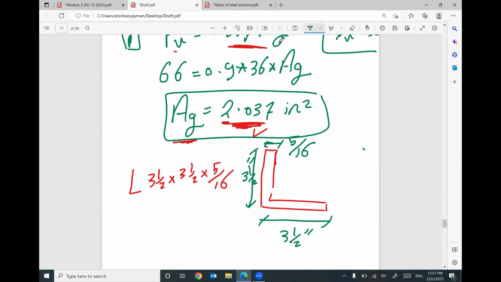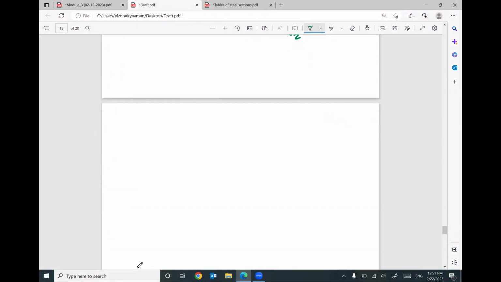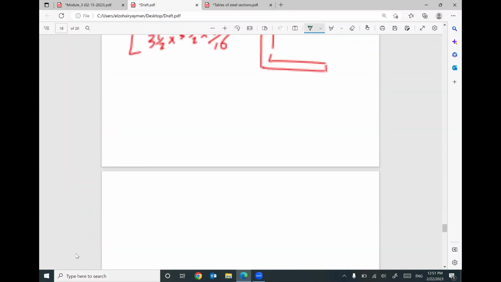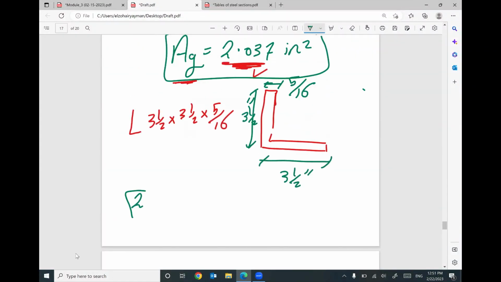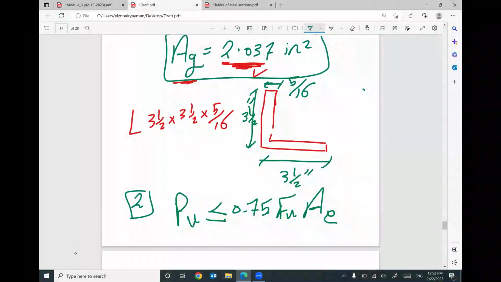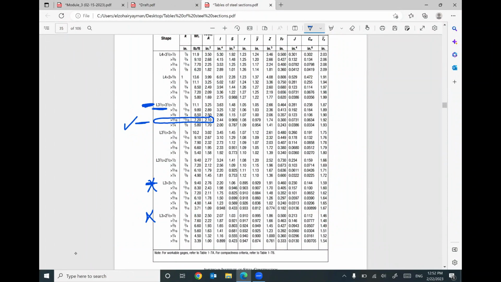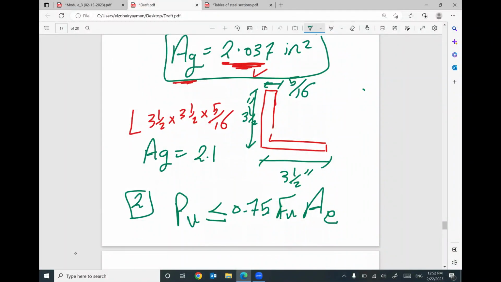But I have to check the second step. I need to make sure your P ultimate is smaller than or equal 0.75 F ultimate area effective. So area gross for your selection from this table, the actual area gross, is 2.1 inch square.